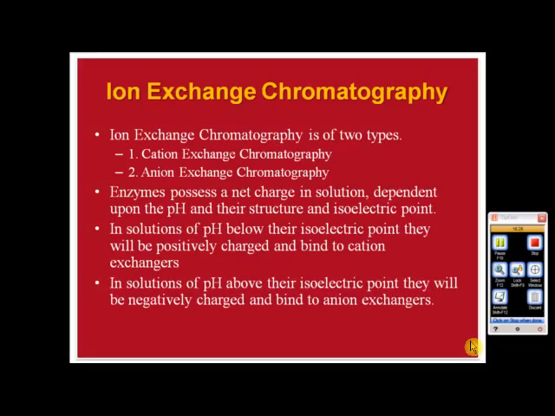So you take this. Assume that this is the resin containing all negative charges, and the protein that has positive charge will get bound. Assume that this is the column.